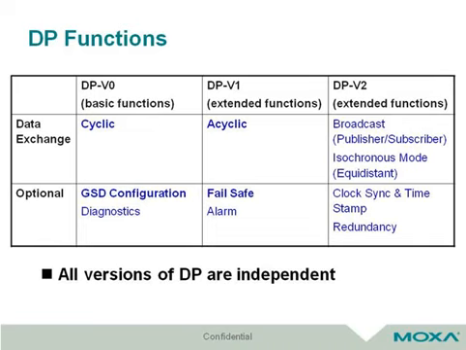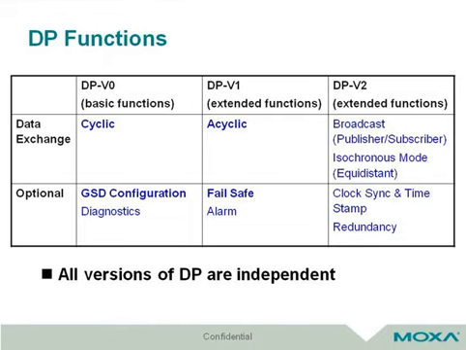Above layer 1 and layer 2, the DP communication profile is designed for efficient data exchange at the field level. The central automation devices, such as PLC, PC, or process control systems, communicate through a faster serial connection with distributed field devices such as I/O, drives, valves, as well as measuring transducers.